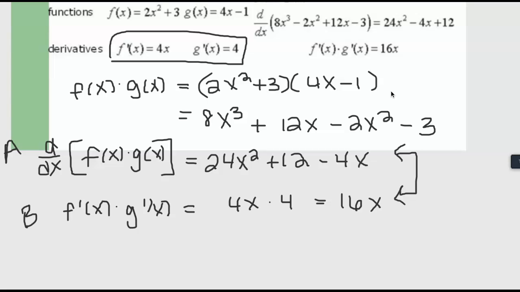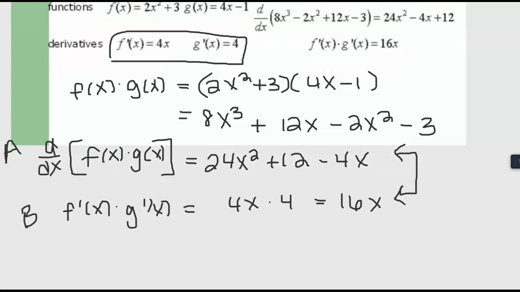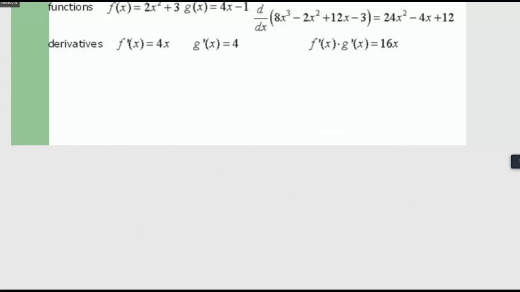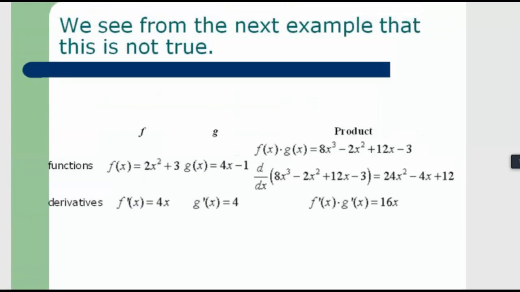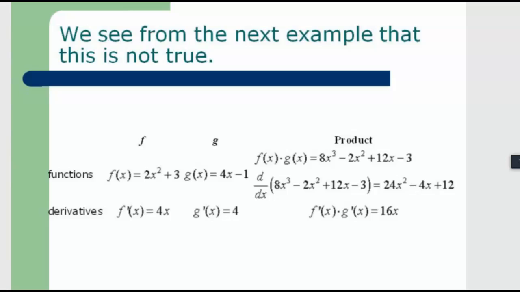Let's reason through why one makes more sense than the other. When we took derivatives of linear functions, what type of derivative did we get back? Constant. If you took the derivative of a cubic, what type of function did you get back? Quadratic.